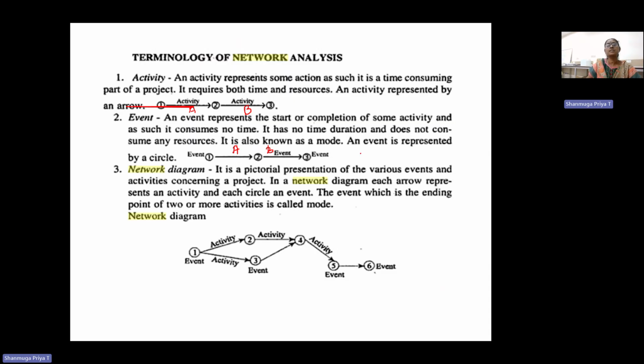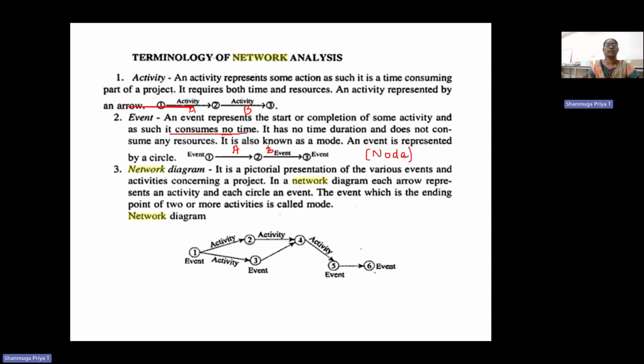In some places, it is called a node. So we can tell it is a node also, as some books explain. This node does not consume time and resources. So this is the event.